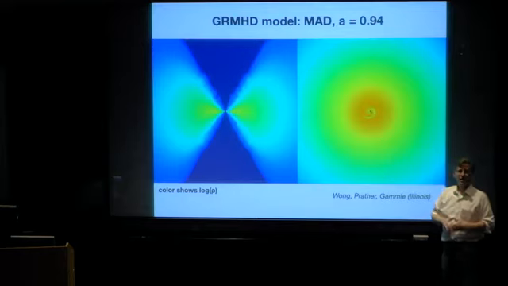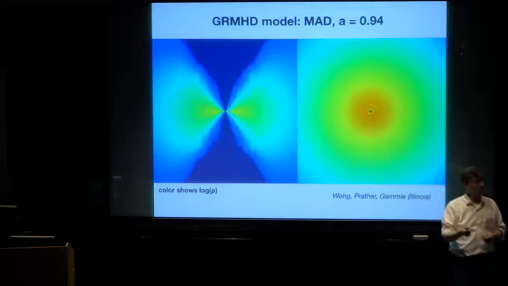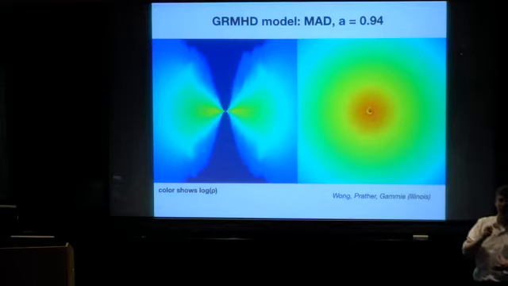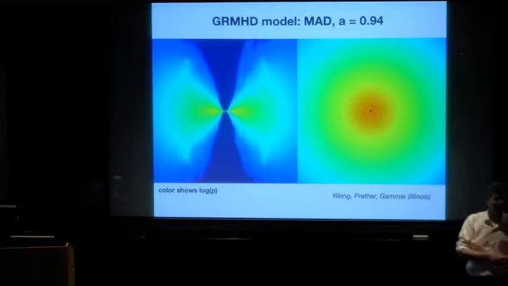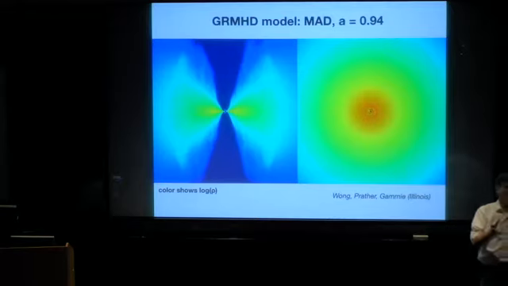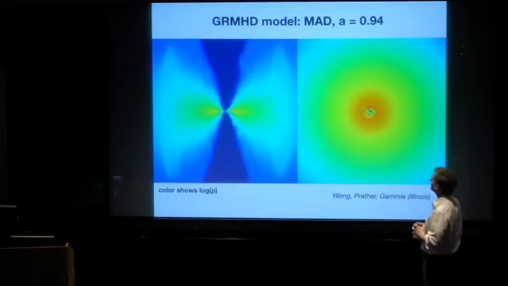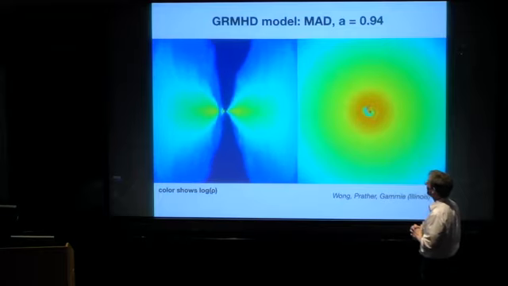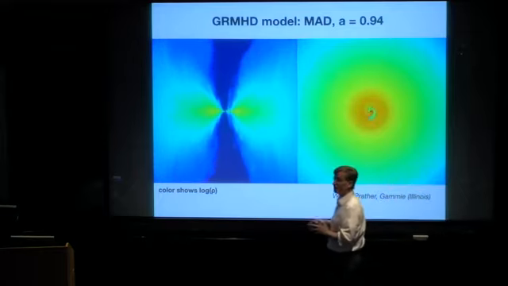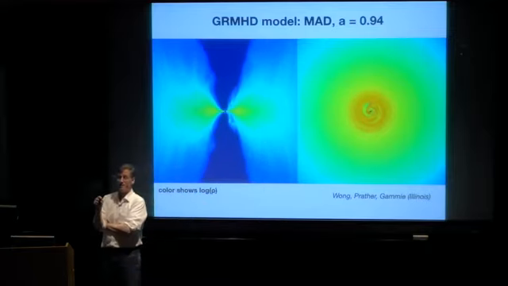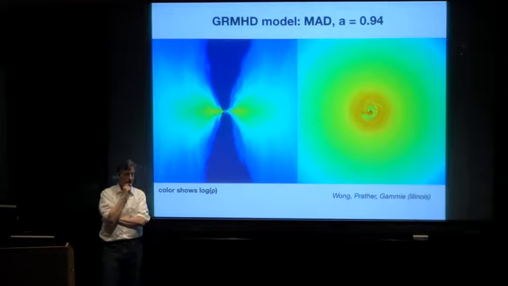And this is a high magnetic flux model, which is known as a MAD model. And MAD stands for magnetically arrested disk. Okay, so one of the important parameters of these models is how much magnetic flux is trapped in the black hole. So this would be a good opportunity to talk about this distinction between magnetically dominated models and non-magnetically dominated models.